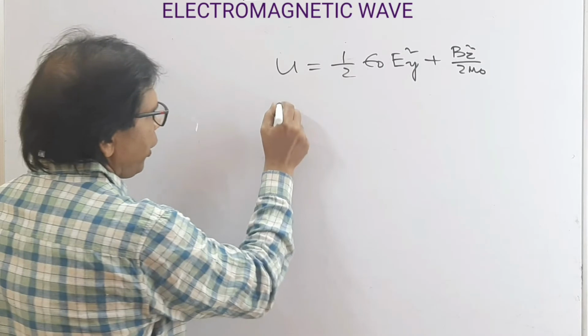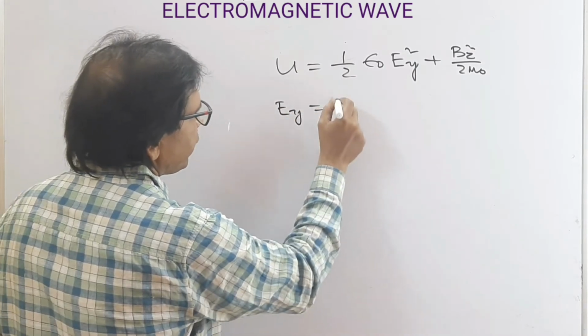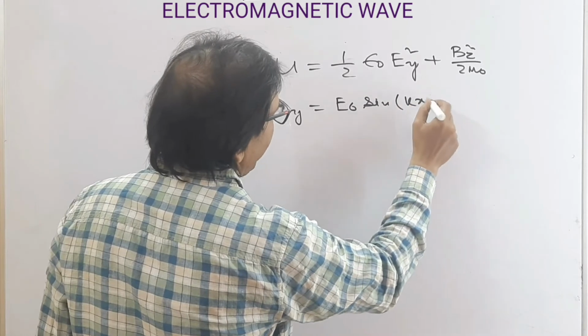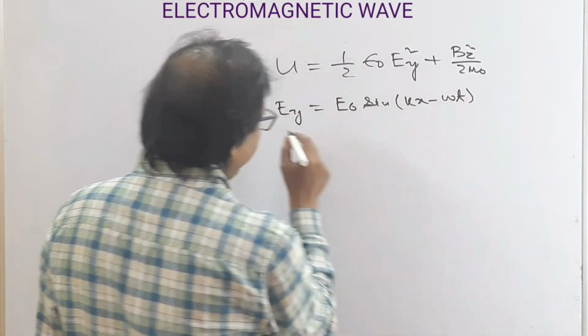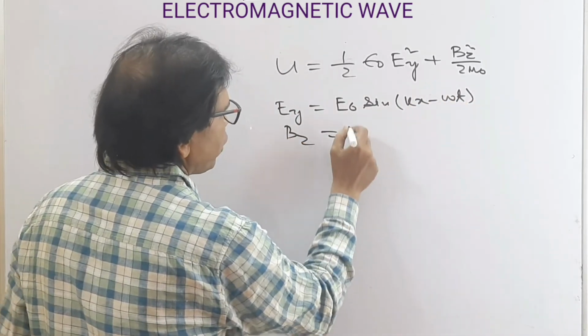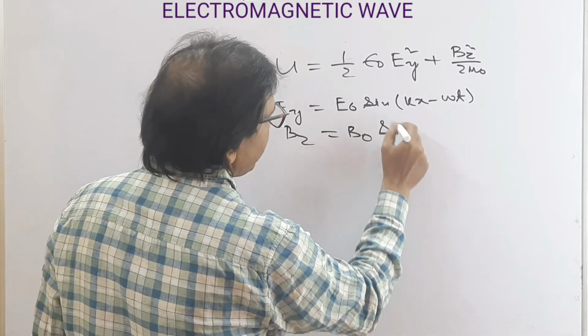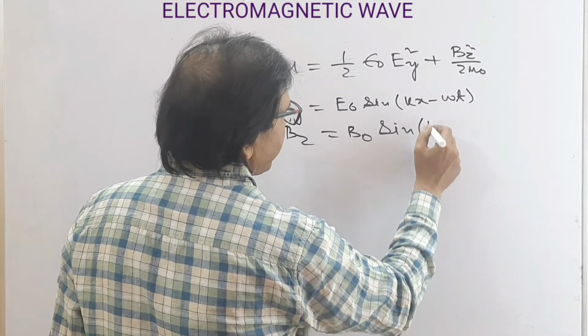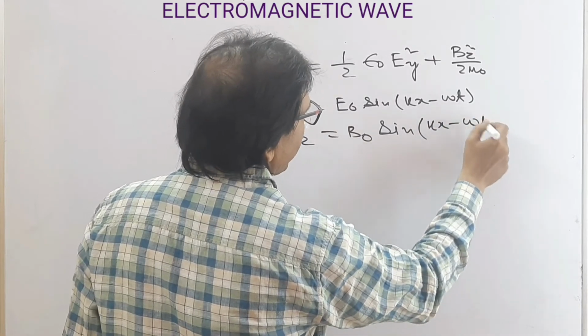Okay, where Ey is equal to E naught sine of kx minus omega t, and Bz equals B naught sine of kx minus omega t.